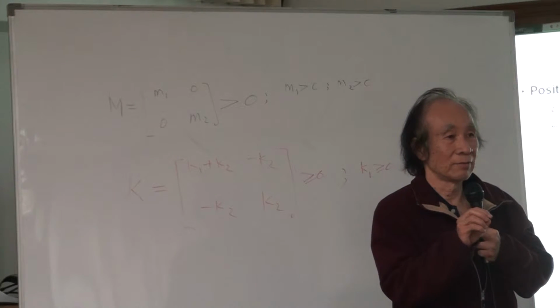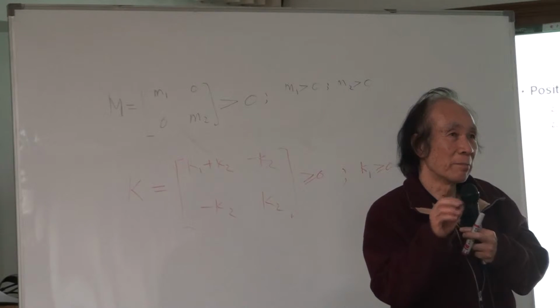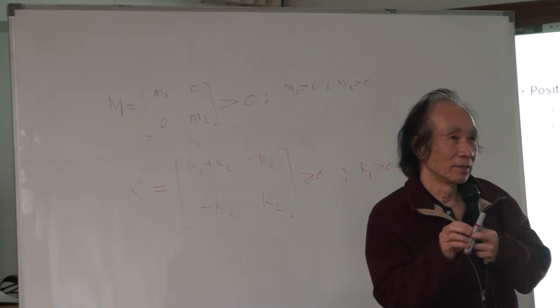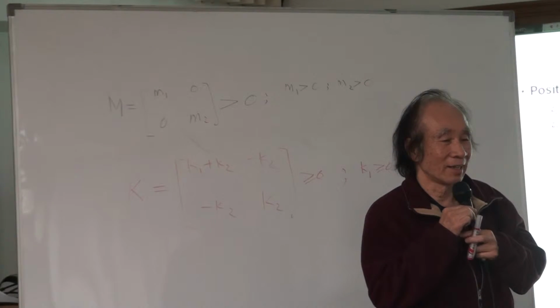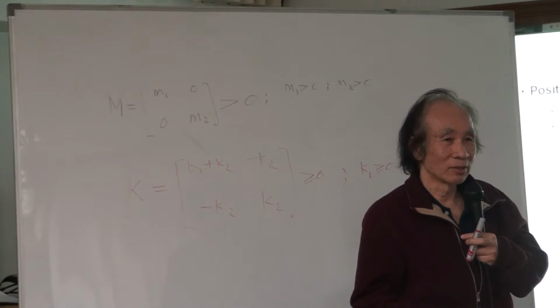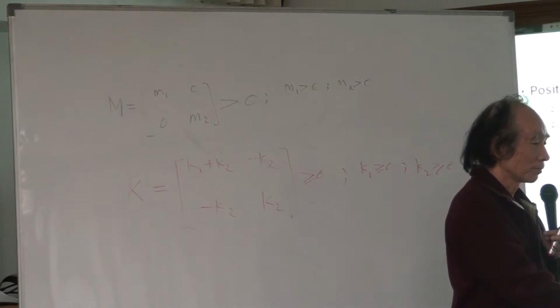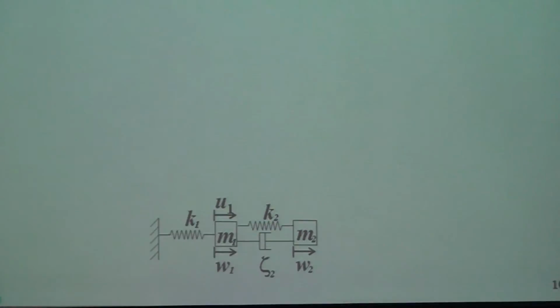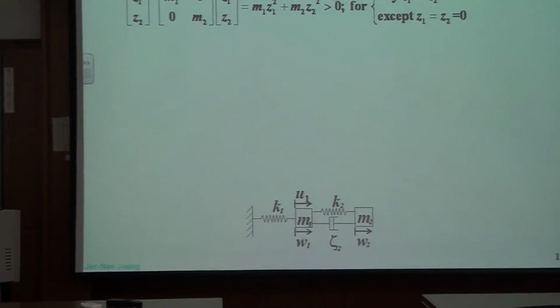Mathematicians, they are very smart. They want to generalize from a positive number, a positive value, to a positive matrix. So this one we call a positive matrix. For any dynamic system, the mass matrix is always positive definite, no matter what.